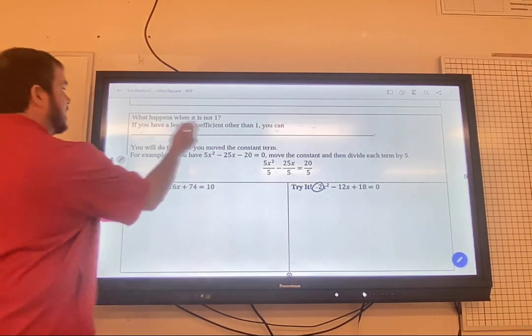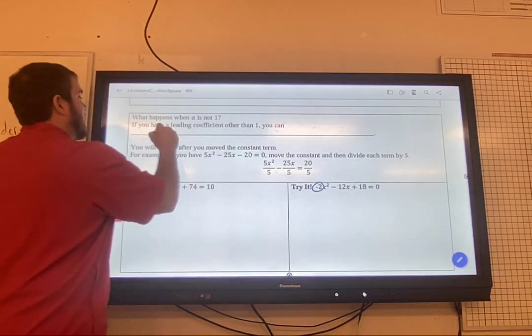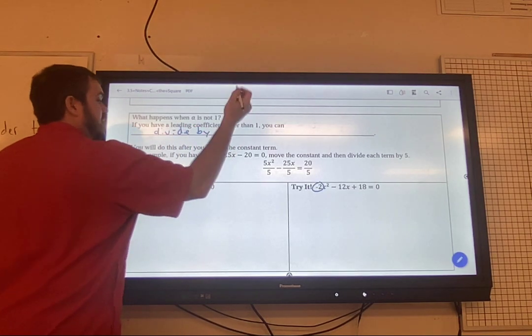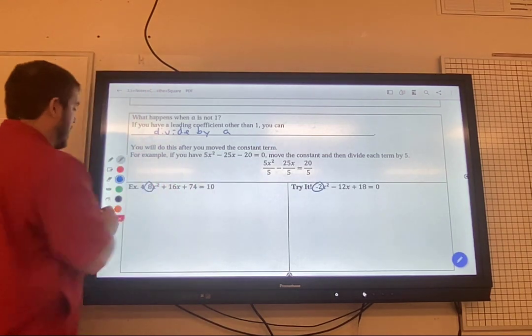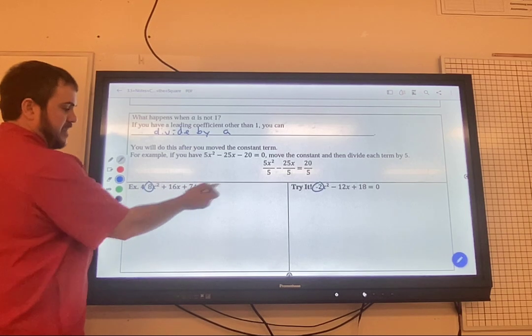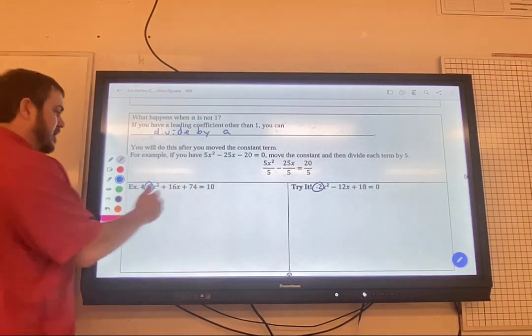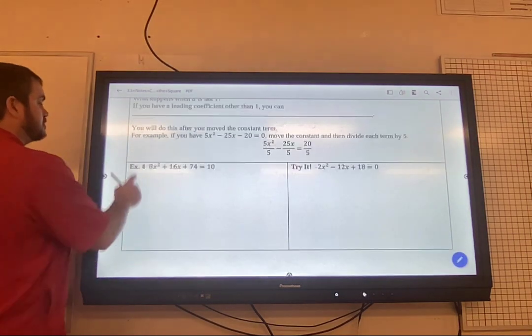So the easy way to fix it is if you have a leading coefficient other than 1, you can divide by a, whatever that number is. I got an example here. We divided everything by 5 right there. It really doesn't matter when you do it. If everything's not divisible in the beginning by the number, I'd go ahead and get rid of my constant. Minus 74. Let me move my screen up.